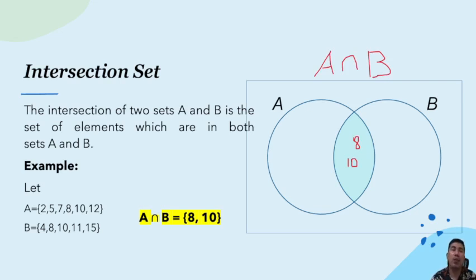We remove the elements that are not common to both sets. Hence, we have only the remaining elements after intersection, 8 and 10.